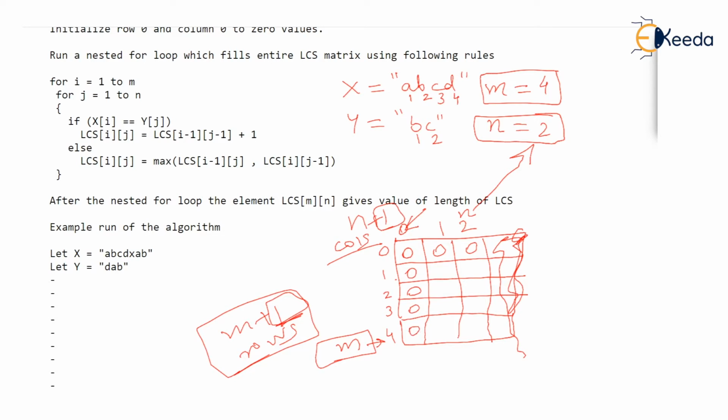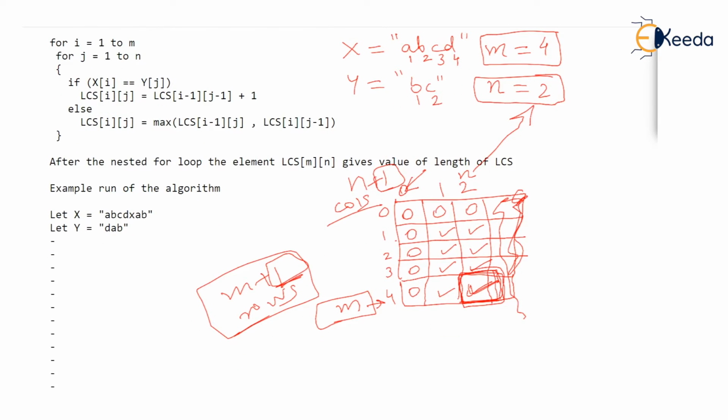And then the rest of the matrix will be filled by our algorithm. All these values which I am ticking will be found by our algorithm. And this cornermost element, this is the last element of the matrix which I am bordering over here. This cornermost element is going to give us the answer. The answer is going to be the length of the longest common subsequence. As you see in our example, X is ABCD and Y is BC. It's not very difficult to find that BC is the longest common subsequence.